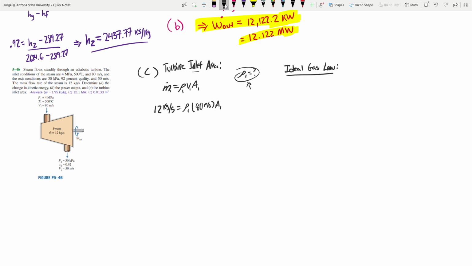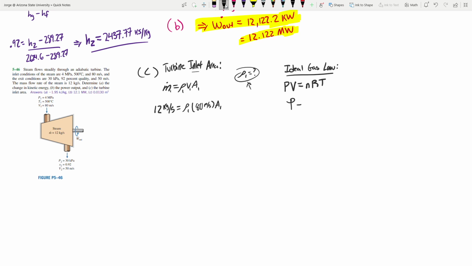So as long as we can treat steam as an ideal gas for this case, we can go ahead and do this. So rewriting the ideal gas law, it's usually PV equals nRT. But all I'm going to do here is write it in terms of density.